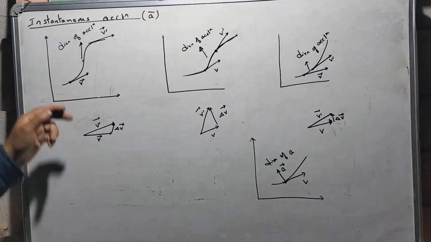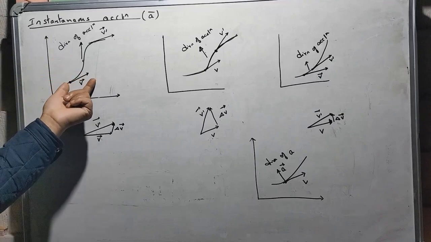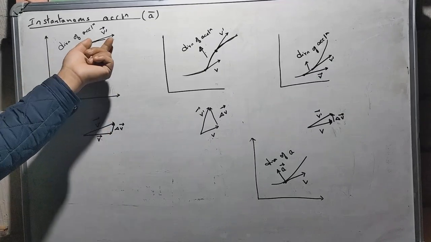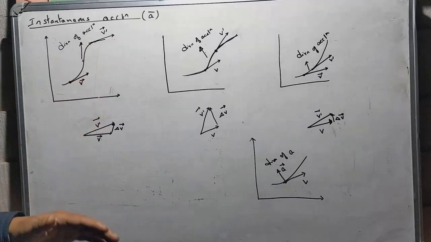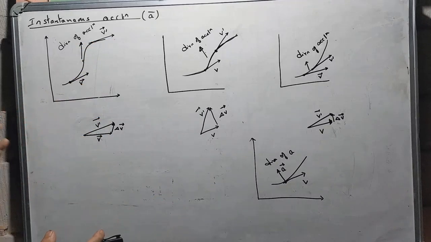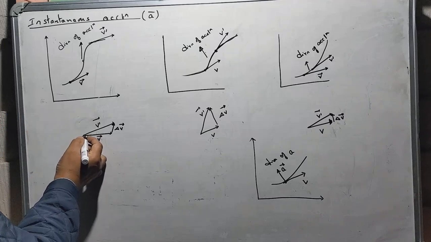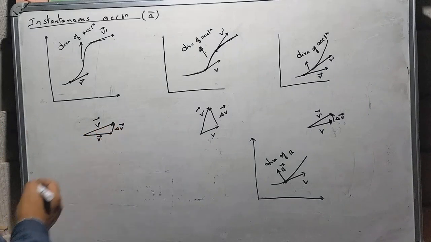Okay. So we drop this line V arrow here, and this V dash here. Okay, touching the tails of the two together. Now using triangular vector addition, this is the first vector V arrow, this is the second vector V dash arrow.